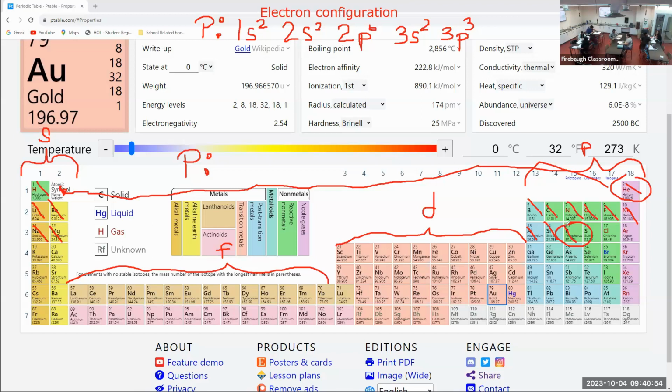So what would be the noble gas that would be before P? Neon. Okay, so we know that because it has a smaller atomic number than our P, right? So we're going to use neon. So we're just going to write neon.